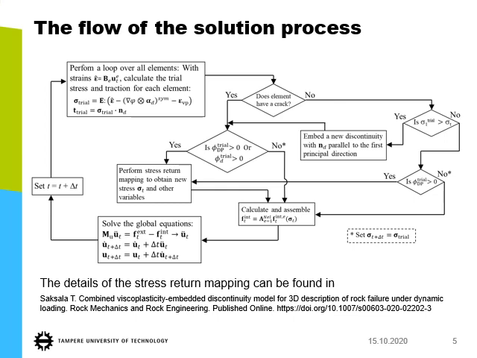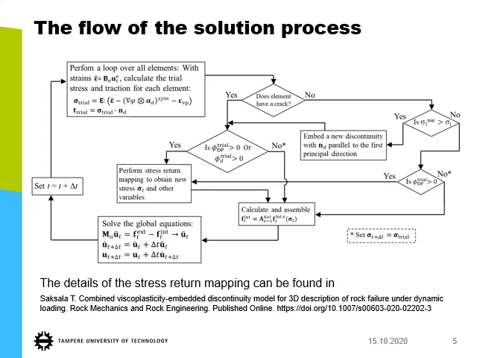If it is greater than the tensile strength, we embed a new discontinuity with normal parallel to the first principal direction. And again, test the criteria. If this is not fulfilled, and if the Drucker-Prager is not violated, again the stress state is elastic, and then we assemble the internal force vector and go to the global solution again.